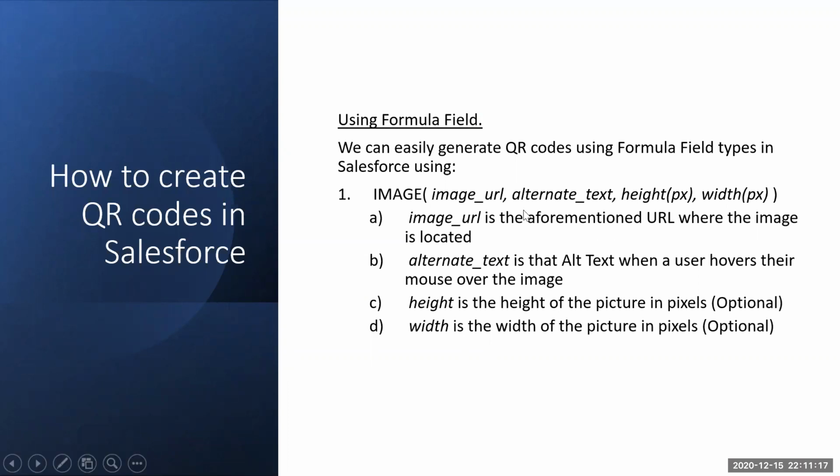When you hover over that image, a small pop-up comes with the alternate text. The height and width are optional parameters. They basically just fix the height and width of your image. So this is the first part of the formula field that is going to be used for the QR code. This is the image function.